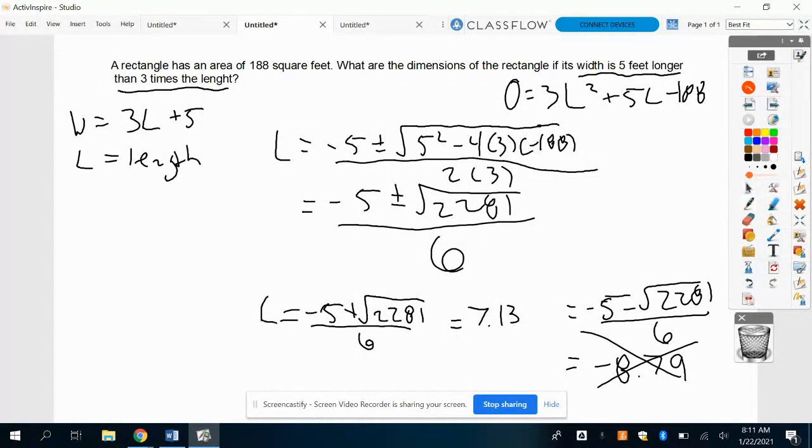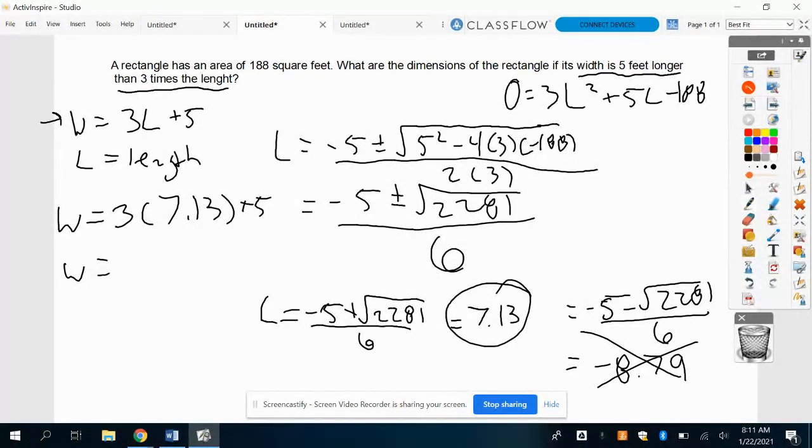So here, our length L is 7.13. So to get the width, we want to plug that in. So we know the width is equal to 3 times the length plus 5. So we take 3 times 7.13 plus 5. And then when you put that in your calculator, you get the width to be 26.39.